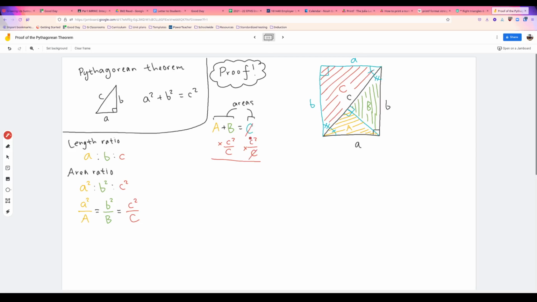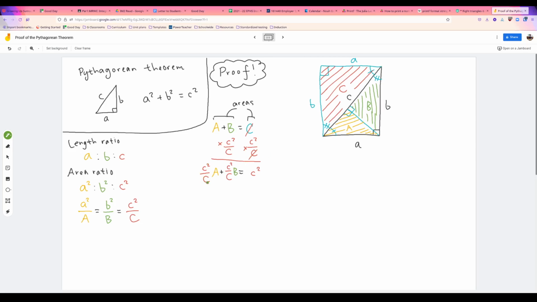Well, the capital C's cancel, and so we're left with just little c squared on the right side. And then on the left side, we need to take this and distribute it. So it's little c squared over capital C times capital A plus little c squared over capital C times capital B. All right.